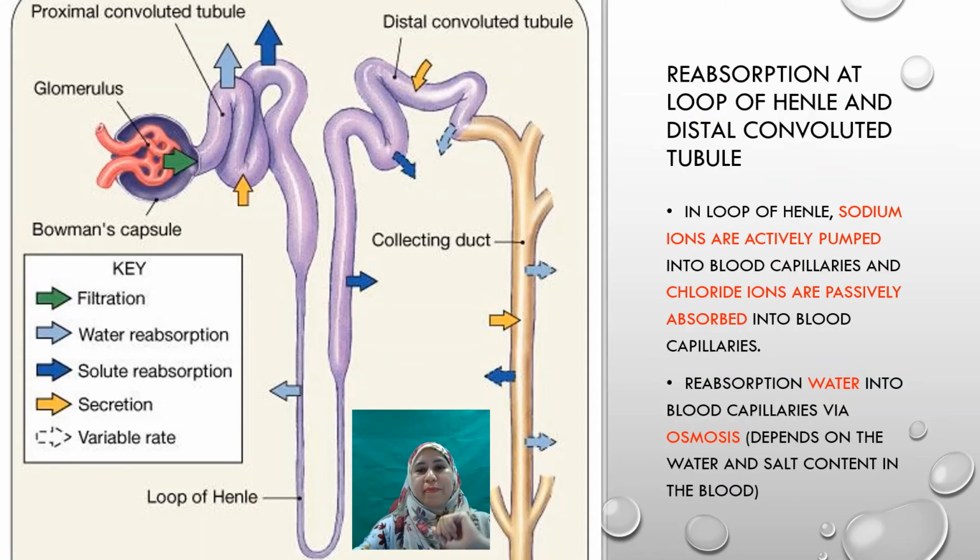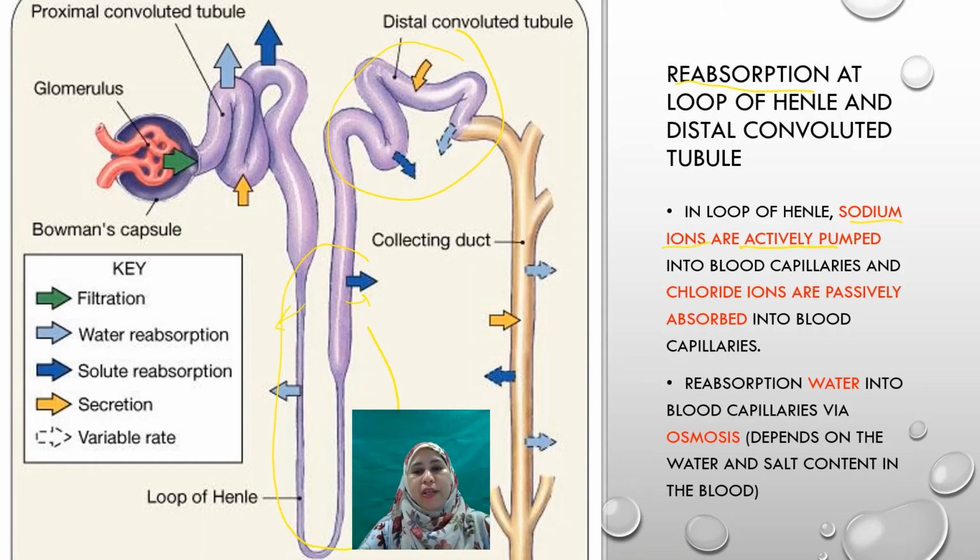Now, still the process of reabsorption, but at the loop of Henle and distal convoluted tubule. First is the sodium ion, which is reabsorbed from the loop of Henle and also distal convoluted tubule into the blood capillary via active transport.